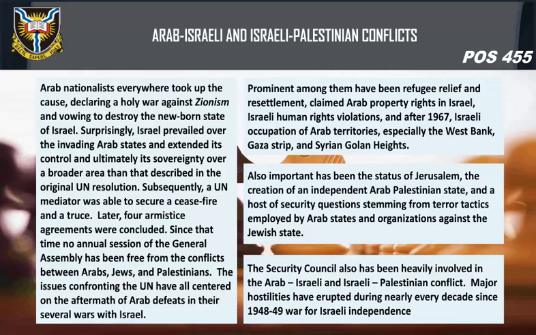Prominent among them have been refugee relief and resettlement, claimed Arab property rights in Israel, Israeli human rights violations, and after 1967, Israeli occupation of Arab territories, especially the West Bank, Gaza Strip, and Syrian Golan Heights. Also important has been the status of Jerusalem, the creation of an independent Arab-Palestinian state, and a host of security questions stemming from terror tactics employed by Arab states and organizations against the Jewish state.